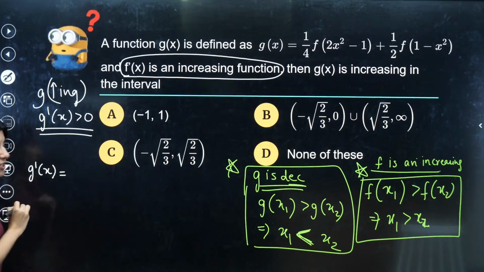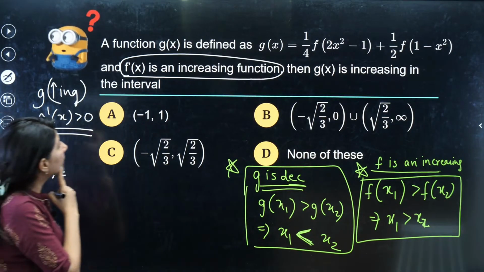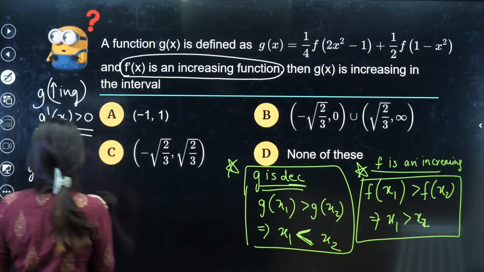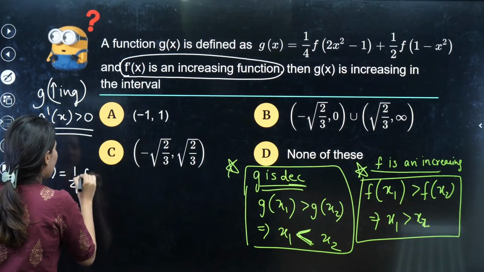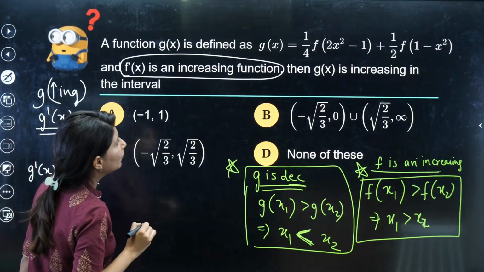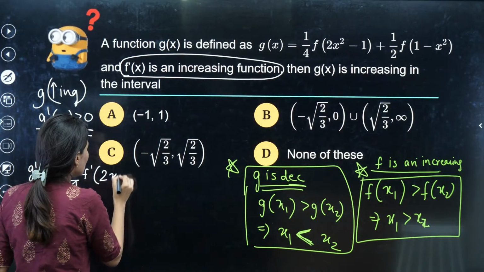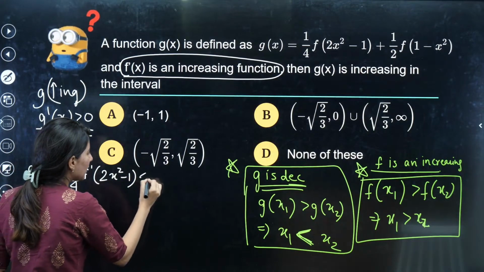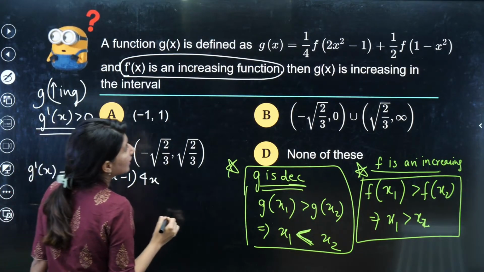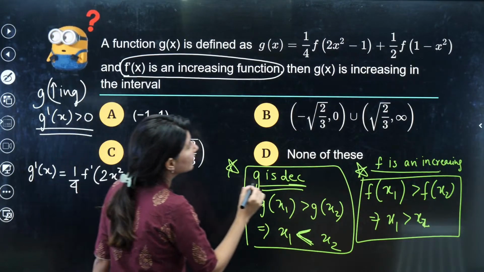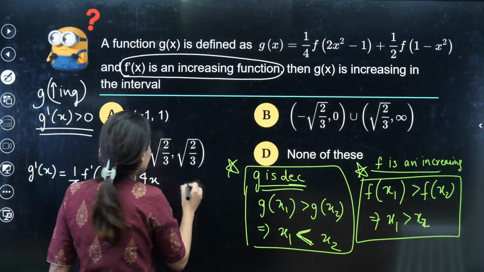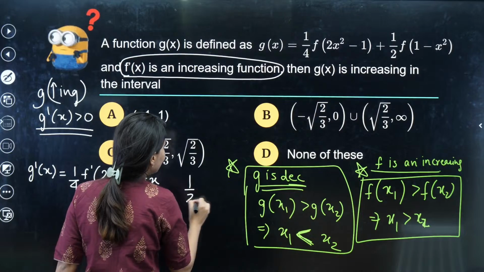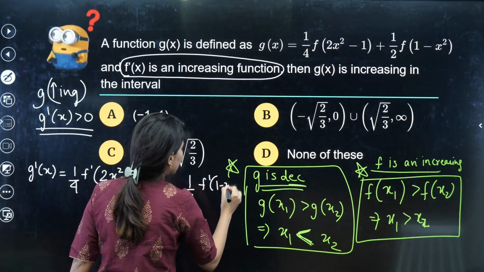Who is going to tell me g dash x? So 1 by 4 is there, then we have f dash of 2x square minus 1, and then we need to differentiate this. So 2 2s are 4x, with a positive sign. And then we have half f dash of 1 minus x square.